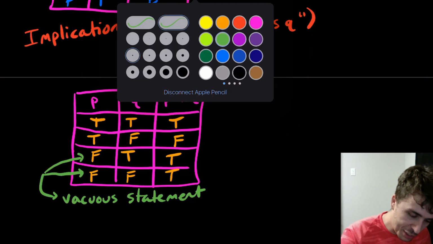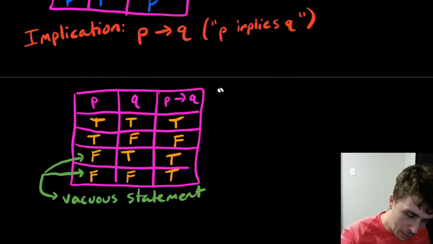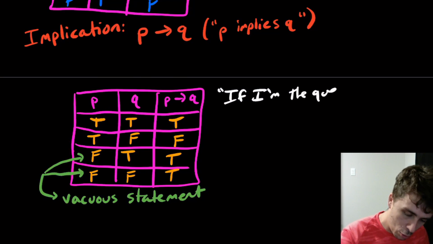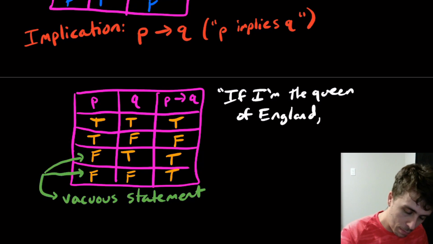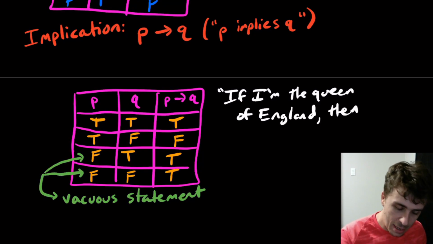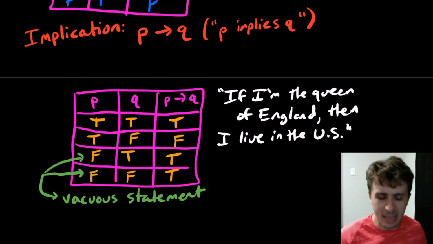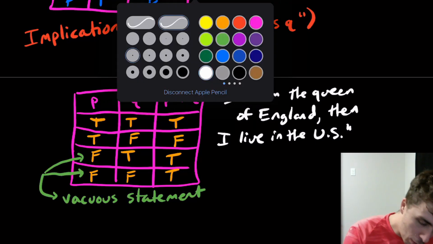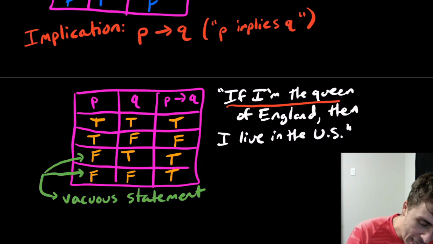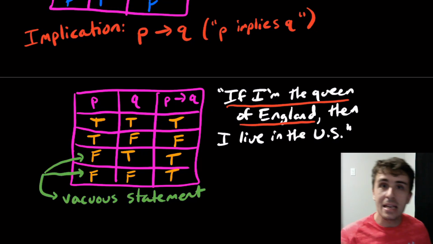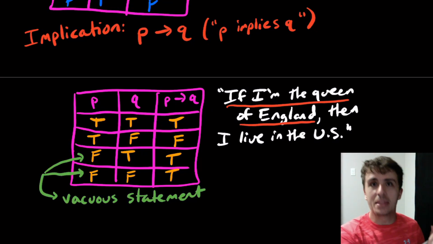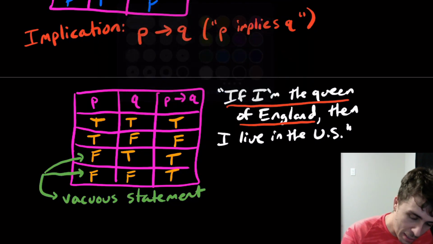So let's just do an example of one. If I'm the Queen of England, then I live in the United States. I just made that up as an example. The beginning part is the thing that's implying the second half of the proposition.